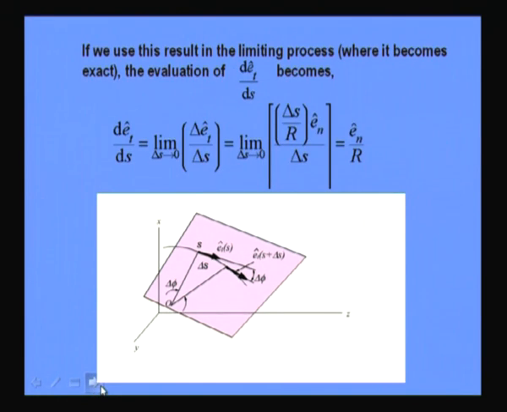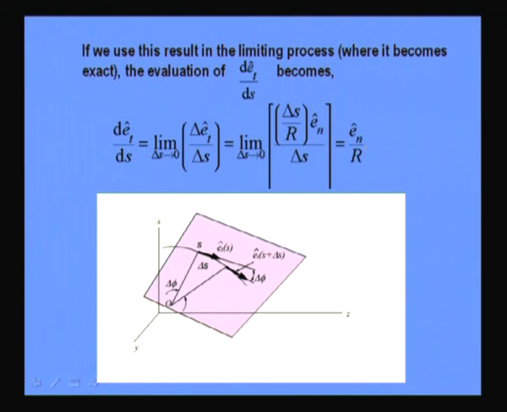Now, if we use this result in the limiting process, where it becomes exact, the evaluation of dET by dS becomes dET by dS equal to limit delta S tends to 0 of delta ET by delta S, which is equal to limit delta S tends to 0 of delta S by R times En divided by delta S, which is equal to En by R. Therefore, dET by dS is equal to En by R.